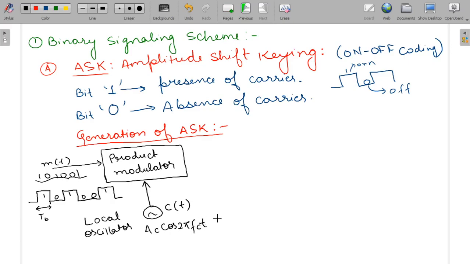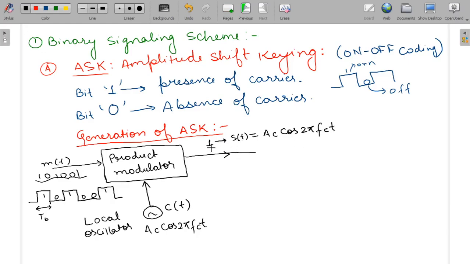Up to this clear. Now when Ac cos 2 pi fc t is multiplied with the message signal, when the message signal is 1, then our output signal s(t) will be equal to 1 into Ac cos 2 pi fc t, so it will be Ac cos 2 pi fc t.